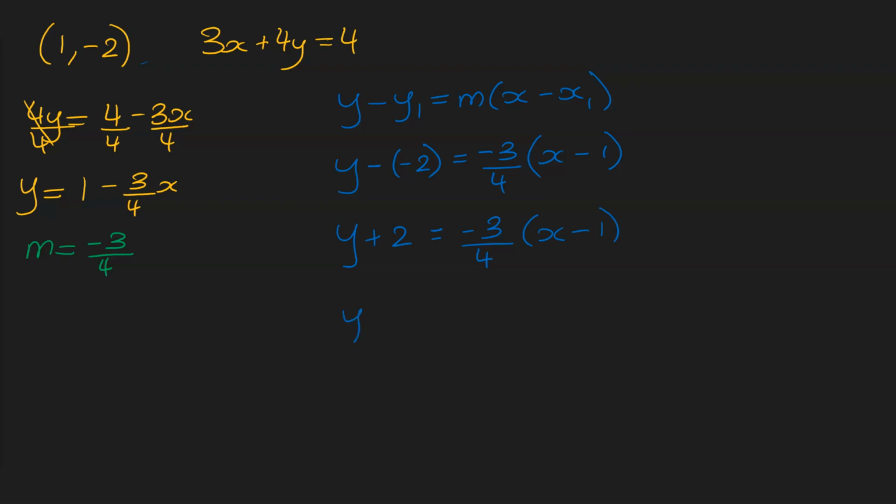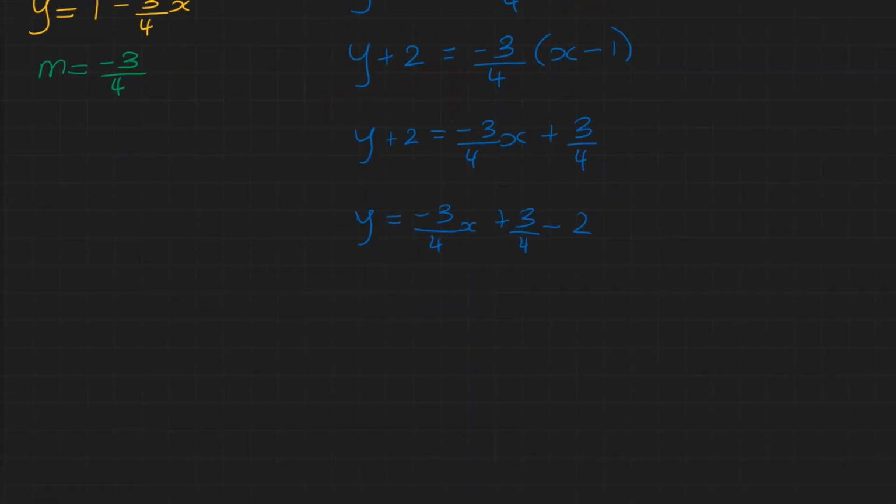So I get y plus 2 equals negative 3 over 4 x plus 3 over 4. Now I'll take my 2 across, so y equals negative 3 over 4 x plus 3 over 4 minus 2.